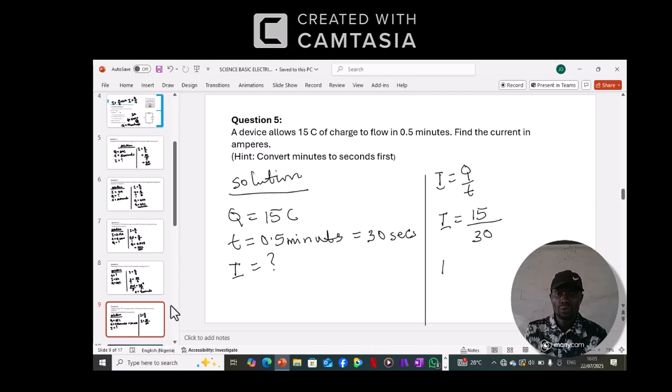When you cut it, 15 over 30 gives 1 over 2. So the current will be 0.5 ampere. That will be the current through that device.